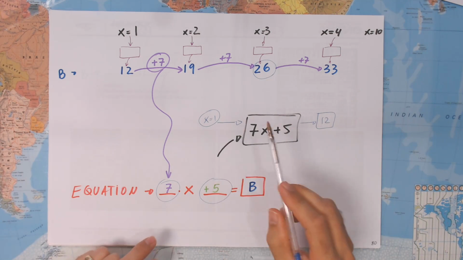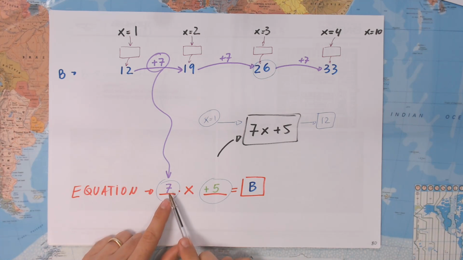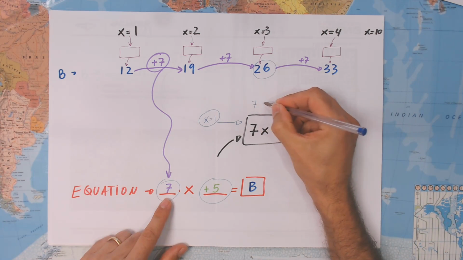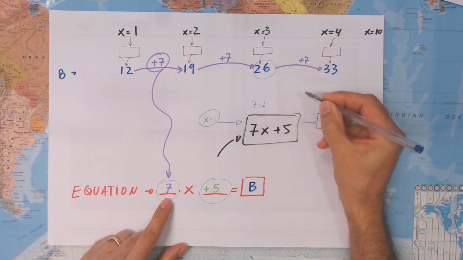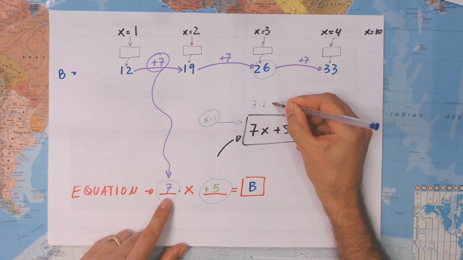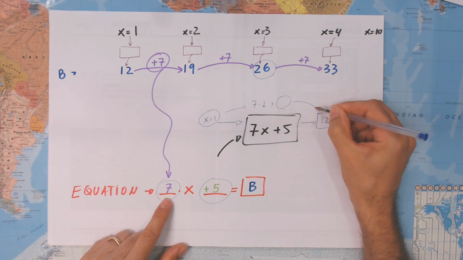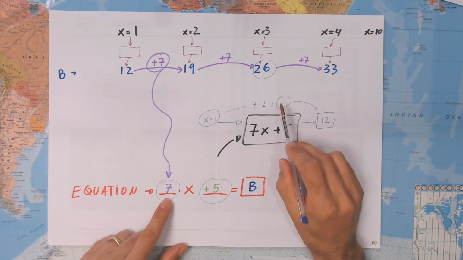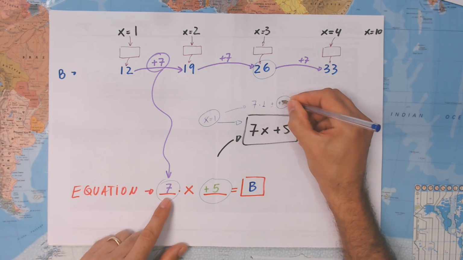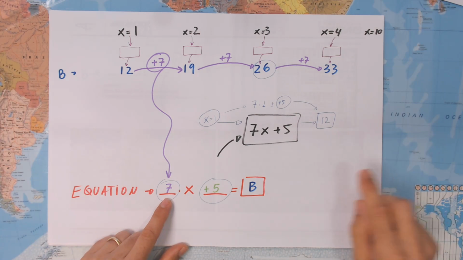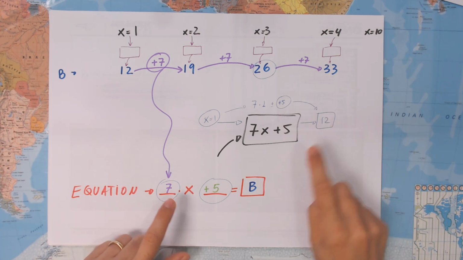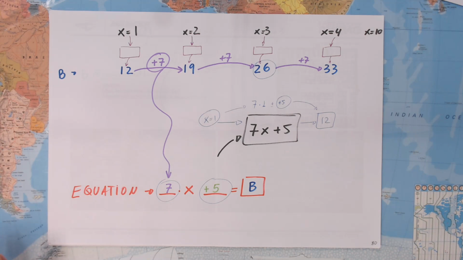The machine is going to make 7 times 1, which is 7, plus or minus something, and that must be 12. So 7 plus 5, right? 5 fits the equation. It gets a 12. And that's how we find out. It's very simple, okay, Vera?